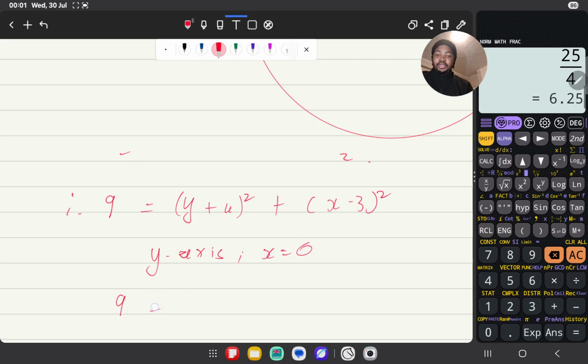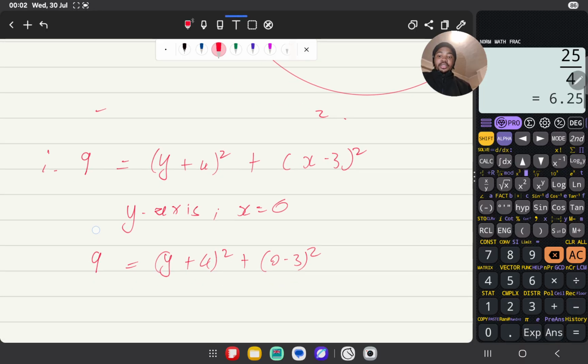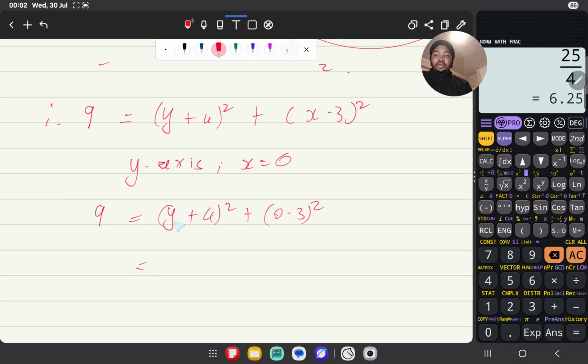So we'll solve 9 equals y plus 4 squared plus 0 minus 3 squared. Now let's expand this. You have y squared, 4y times 2, that is 8y, plus 16, plus 9. We also have a 9 here.